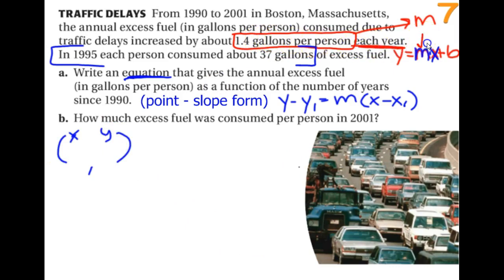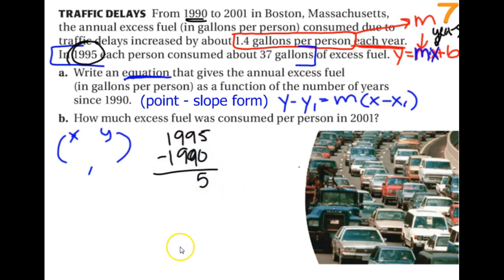So the 1.4 gallons, which is our slope, is multiplied by the number of x, which is the years. So this year is really from 1990. Well, what year is it if it's 1995? How many years has that been? Well, since 1995, if we subtract 1990, it has been 5 years.